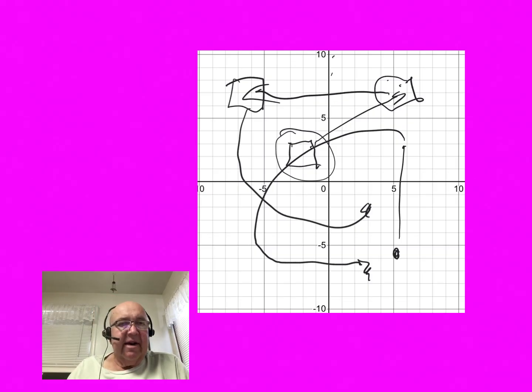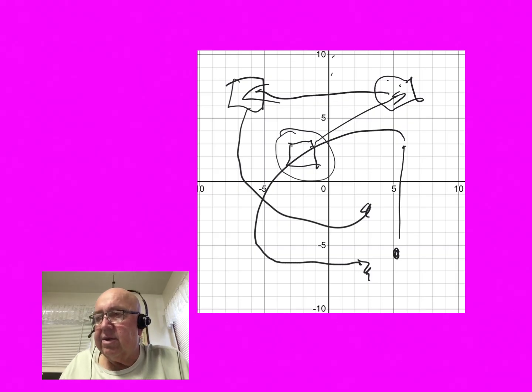Make sure you have at least one of each type of transformation, and that you have clear instructions of the transformations. Be specific, label, document everything. Communication is a big thing in this task.